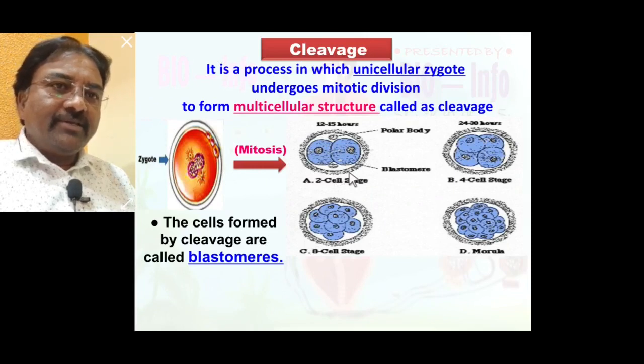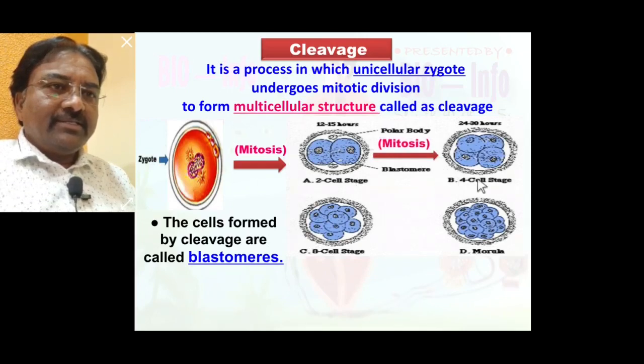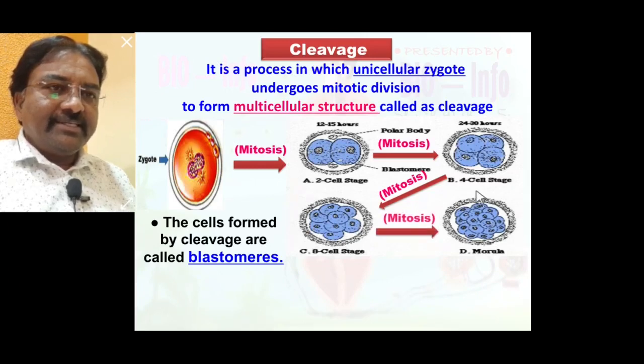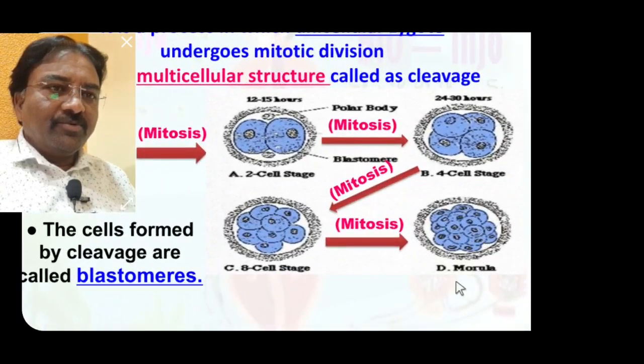These 2 blastomeres undergo mitosis to form the 4-cell cleavage stage. The 4-cell cleavage stage undergoes mitosis to form the 8-cell cleavage stage, and the 8-cell cleavage stage undergoes mitosis to form the 16-cell cleavage stage, and then the 32-cell cleavage stage, and such a stage is called a morula.